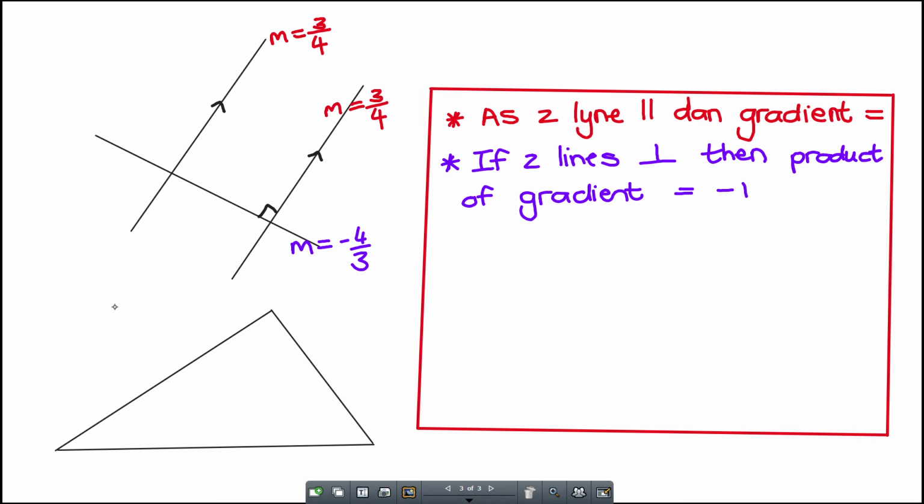The third thing that I want you guys to remember is the black line. En soms praat ons van 'n mediaan. Hy halveer die basis van die driehoek.